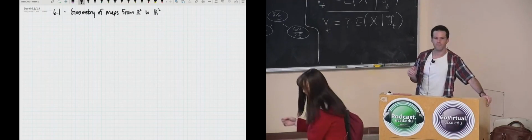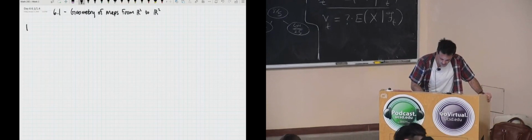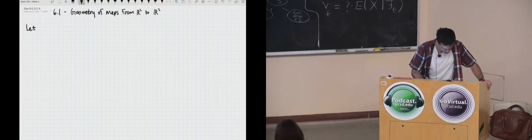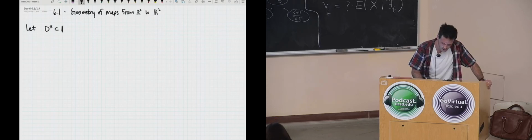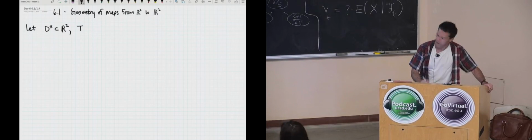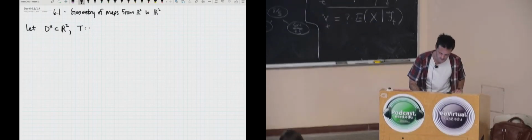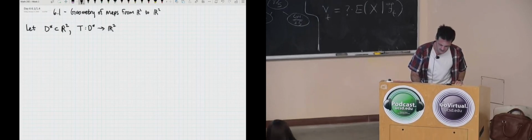Let's start with some set in the plane. Let D star be some set in the plane, and our map or transformation, I'll use the letter T for it, is a map from D star back into the plane.